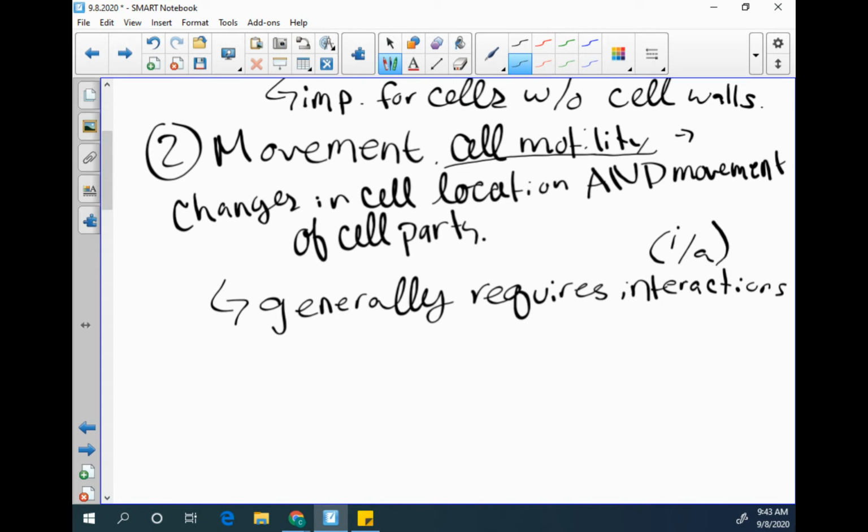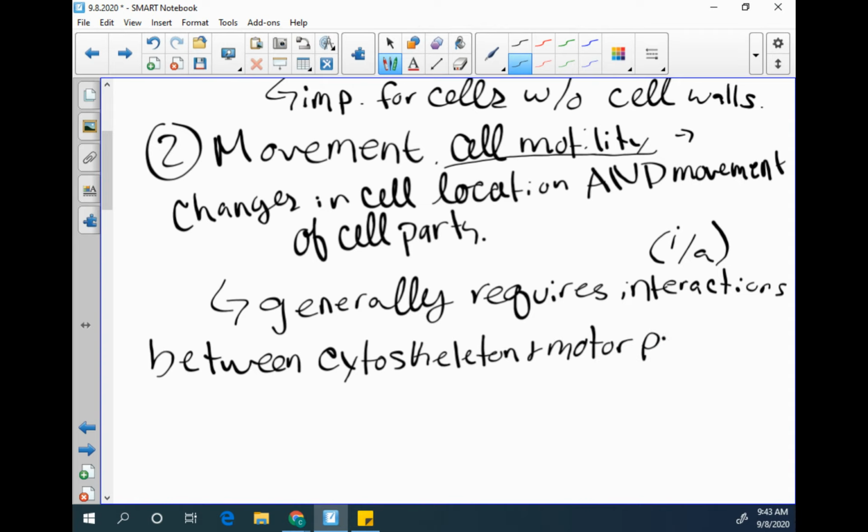Interactions between the cytoskeleton and motor proteins. So our cells wouldn't be able to move, and things in our cells wouldn't be able to move if it weren't for both the cytoskeleton and motor proteins.